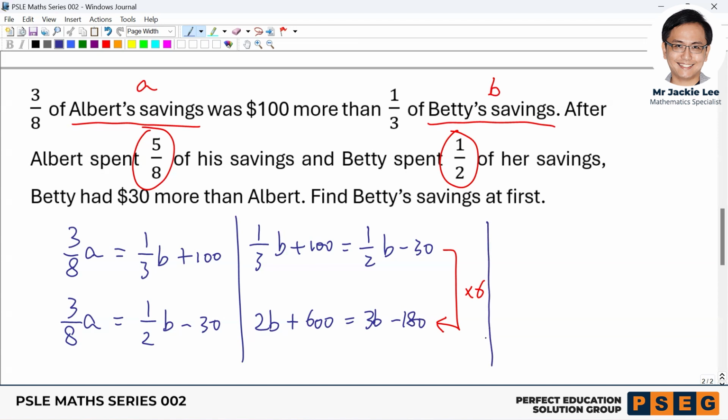The advantage is that we don't have to deal with fractions. Now we group all the B on one side and all the constants on the other side. The 600 will stay there. The minus 180 goes over as plus 180. 3B stays on the right-hand side. The 2B goes to the right side, then minus 2B. So 780 equals B. In fact, B is the final answer. So the final answer, putting back the dollar sign, is $780.